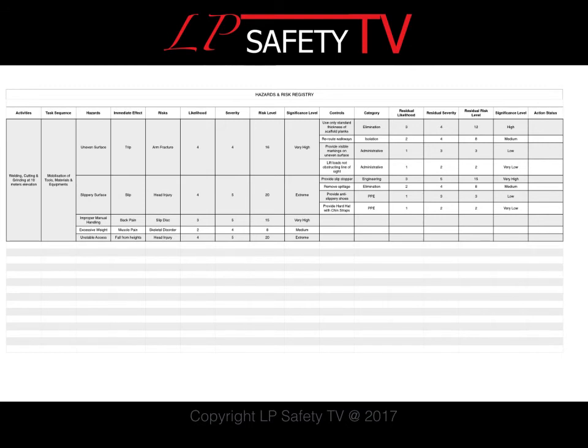Now when you slip, there's a chance that you may be harmed, but there will be no injury. That is a near miss. And there's a chance that you might need first aid treatment. There's also a chance that you will be medically treated.